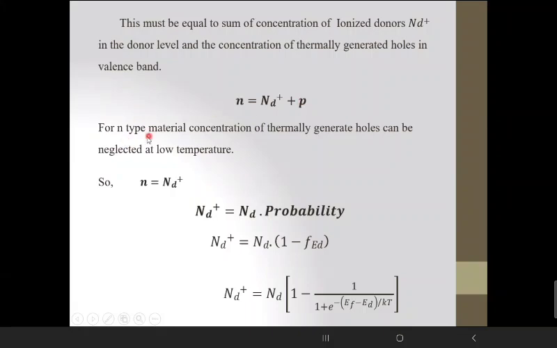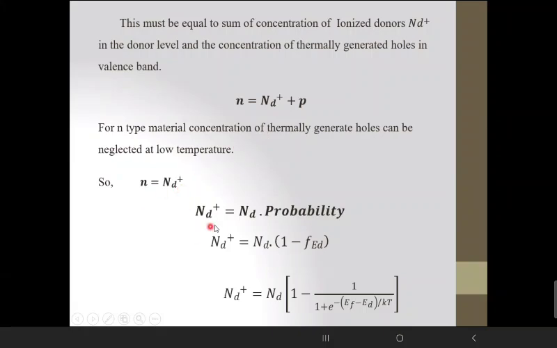But for the N-type material, p is very, very small compared to the donors, so you can neglect it, only at low temperature. If the temperature is high, the number of holes also becomes high, so you cannot omit it. But at low temperature, you can omit this. So n is equal to Nd plus.